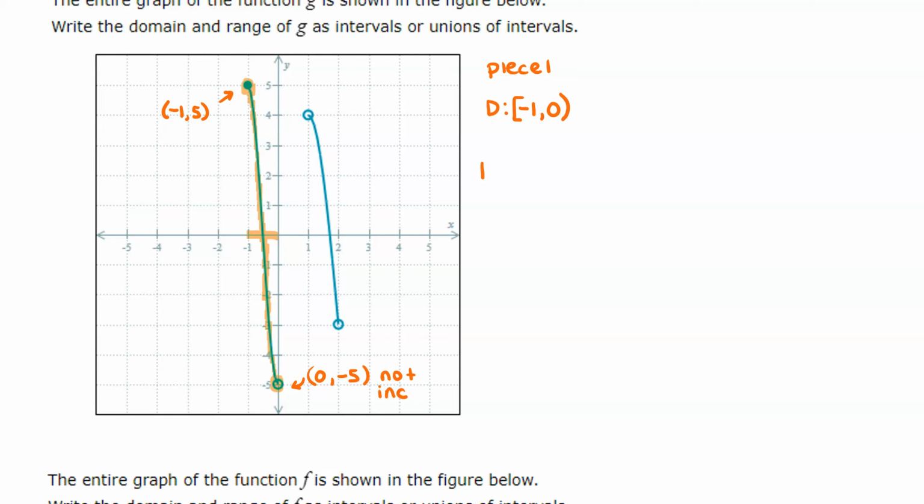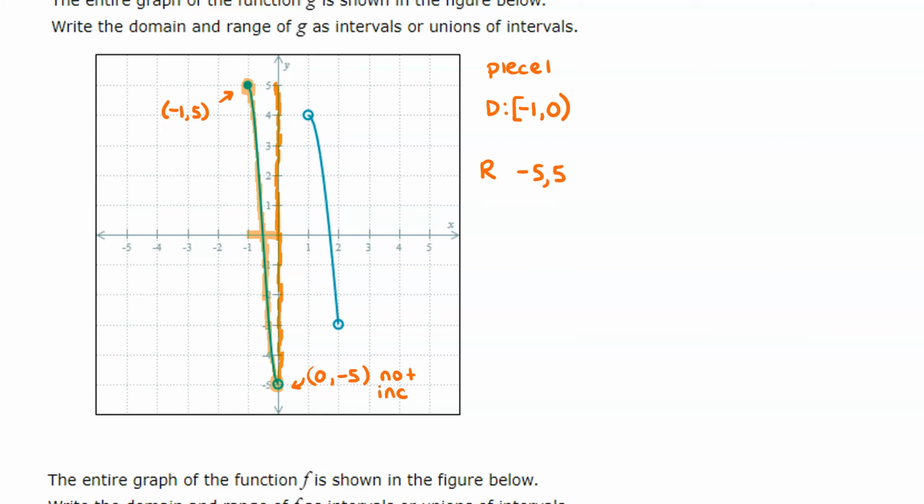Now let's look at the range of this first piece. The lowest it goes is -5, and then it goes up and up to +5. So the lowest it goes is -5, and the highest it goes is +5.